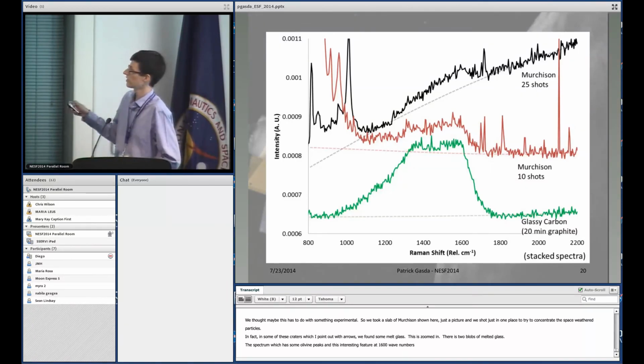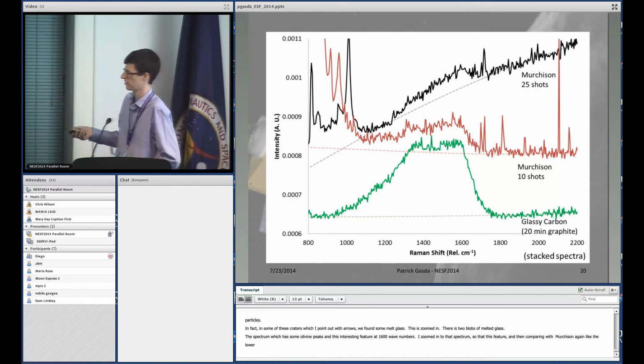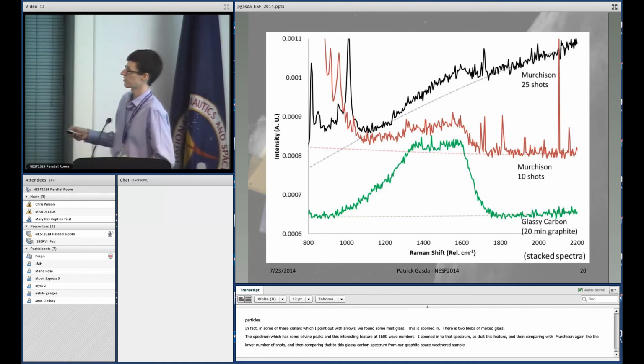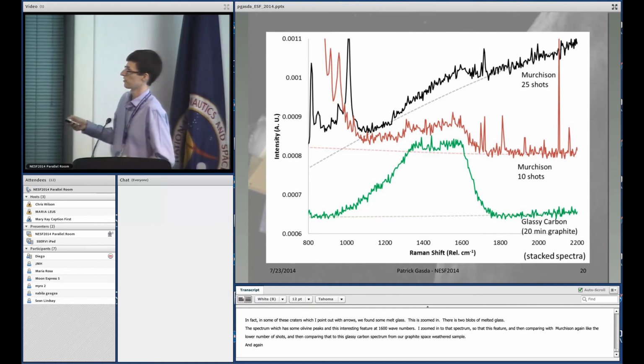So I zoomed in to that feature and compared it with Murchison again, for the lower number of shots, and then with this glassy carbon spectrum from our graphite space weathered sample. Ignore the slope, because it's the position and the peak width that are important. This feature is very similar spectrally to this feature.